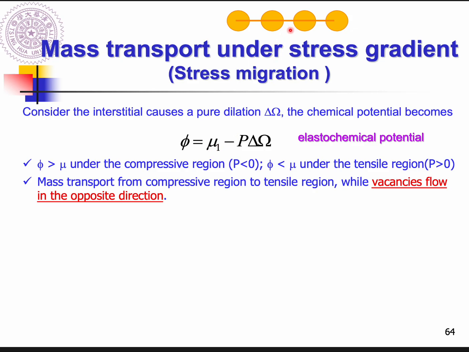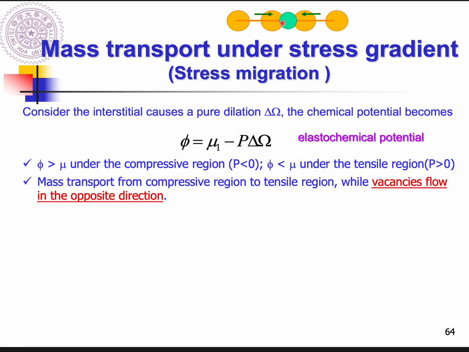But if this material suffers a stress gradient, for example, if we insert an edge dislocation inside this material, then in this region we can expect that, due to the addition of these interstitial atoms, that will cause a stress field, or a compressive region, inside this material, right?